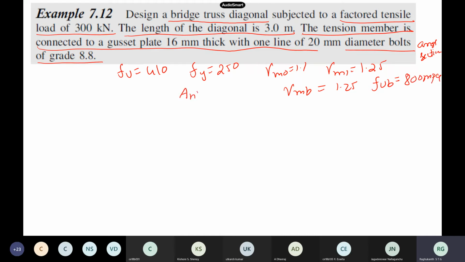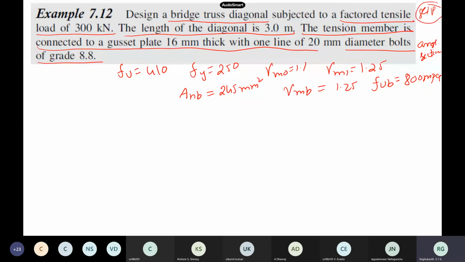And the net area of the bolt, say it passes through the thread, is 245 mm square. So you can do it both ways; we will start from the bolt and then go back. Now when it is an HSFG bolt, which one governs the failure, bearing or shear, if slip is allowed? Bearing.